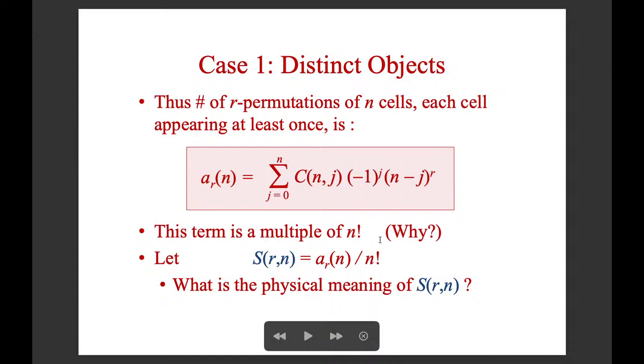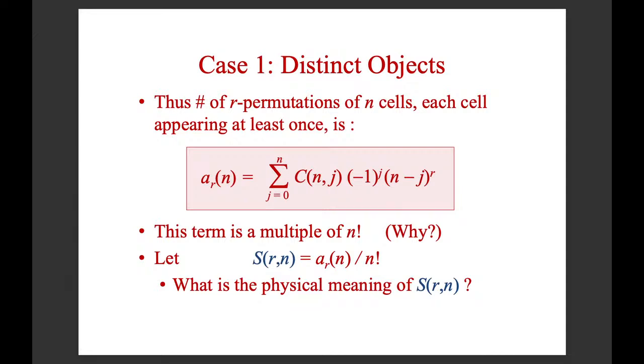But we cannot repeat this with the case that we are counting with n cells without any restriction. If we have n cells without restriction, the value will be n to the power r, right? But you cannot just simply divide n to the power r by n factorial and get the answer. I think this is explained in the lecture.